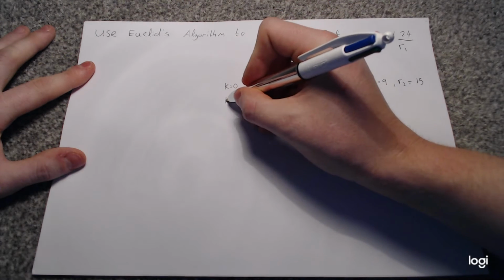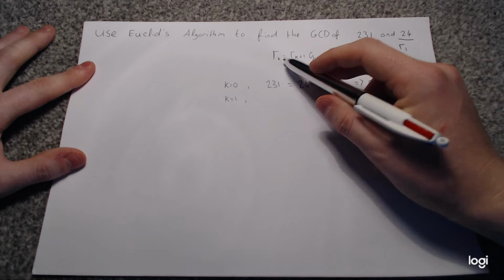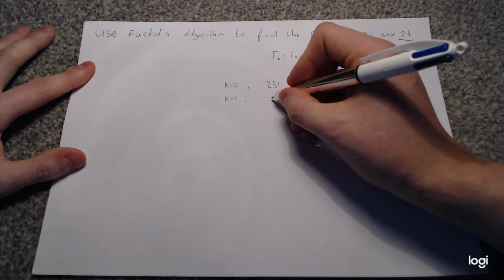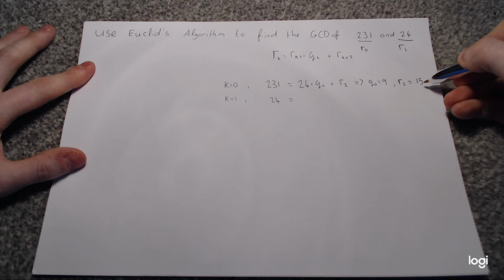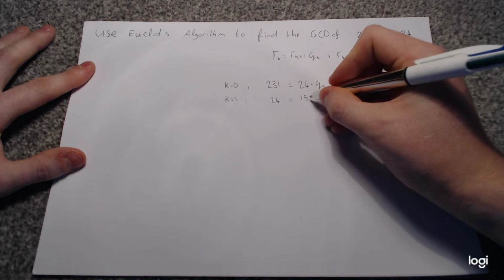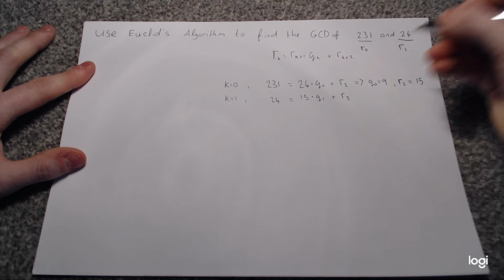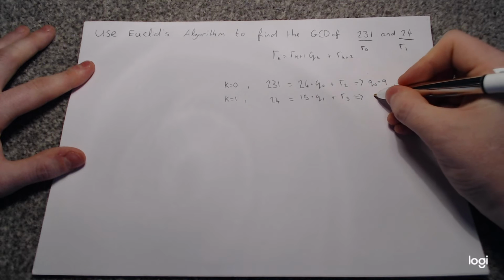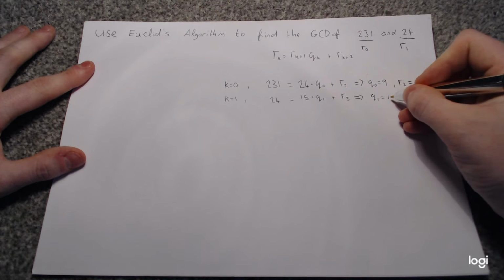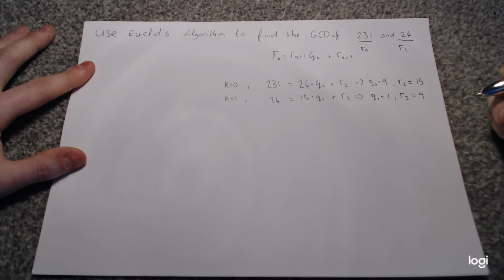And next we're going to call k as 1. In this case, this is now r1, which is still up here as 24. Now we've got r2, which we've just worked out to be 15. We'll multiply that by q1 this time, plus r3. From that, q1 is obviously 1, and that gives us a remainder of 9.